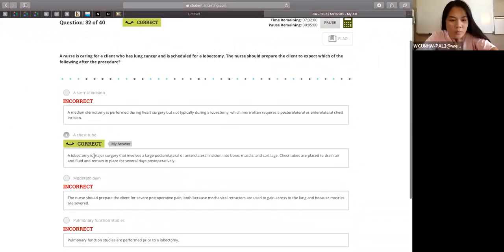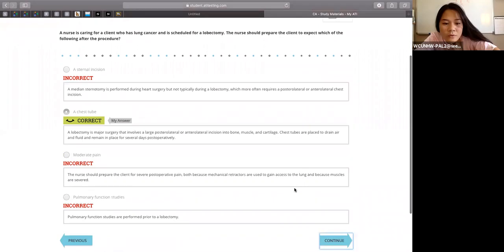A lobectomy is a major surgery that involves a large posterolateral or anterolateral incision into bone, muscle, and cartilage. A chest tube is placed to drain air and fluid and remains in place for several days after surgery.